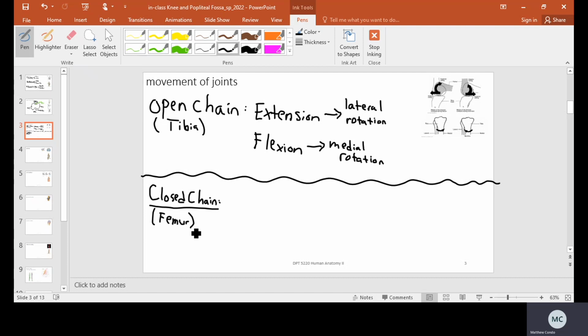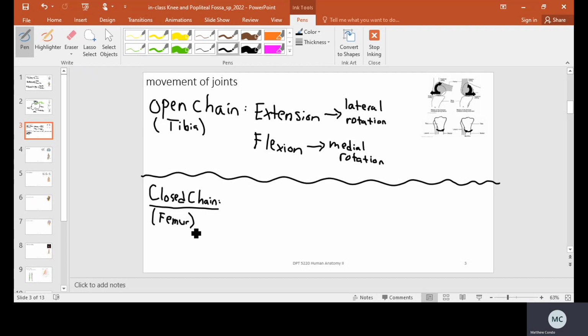Remember, lateral femoral condyles are shorter than medial femoral condyles. So here's what happens. As I extend, the lateral femoral condyle runs out of space. The medial femoral condyle keeps going, so as I'm extending, that medial femoral condyle is going to continue to spin.